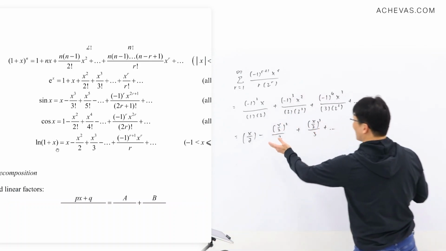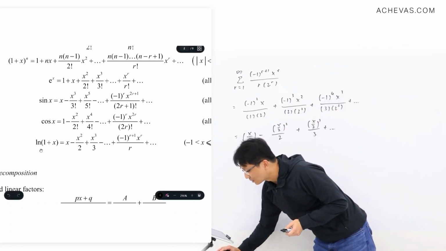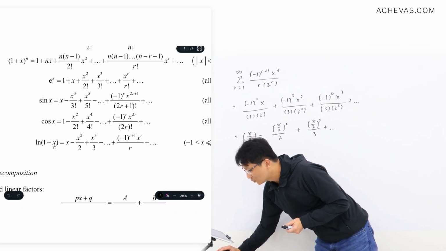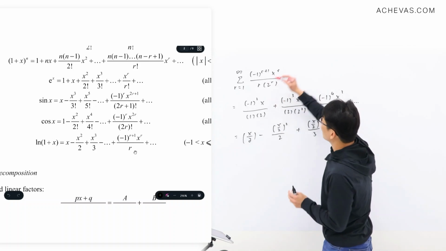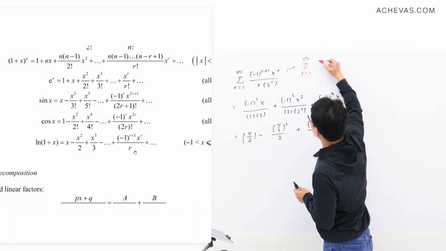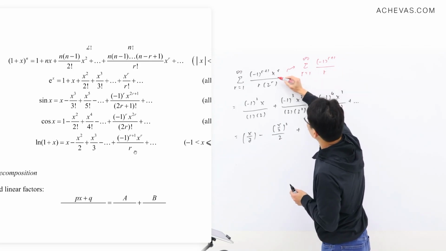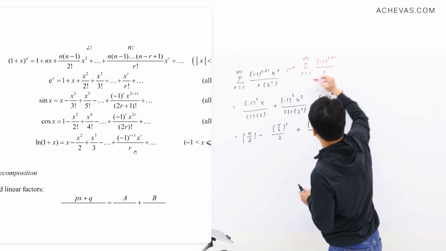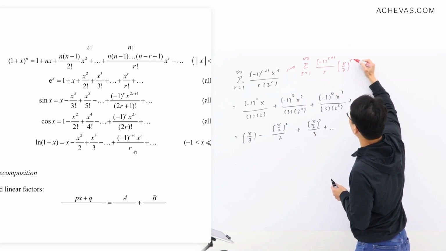In fact, this entire expression is the same as this expression here, just replacing the x with x over 2. If you can see, from the start it can be rewritten as minus 1 to the power r plus 1 over r, x to the power r over 2 to the power r, which is x over 2 to the power of r.